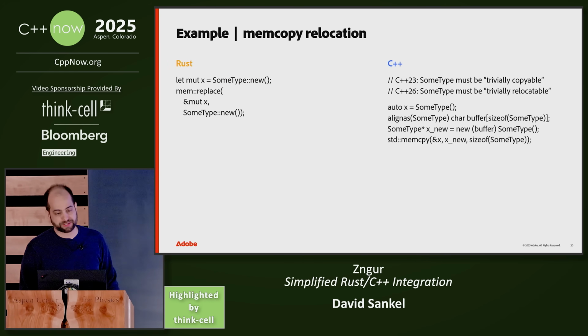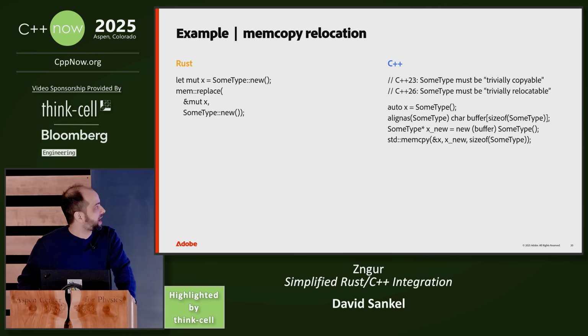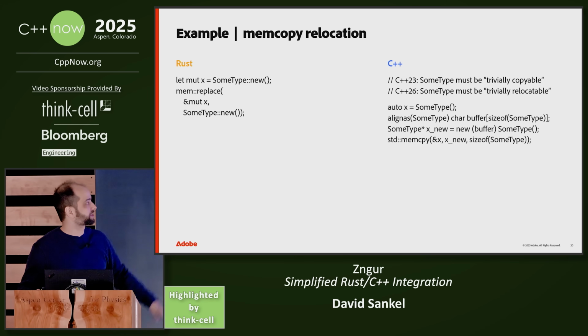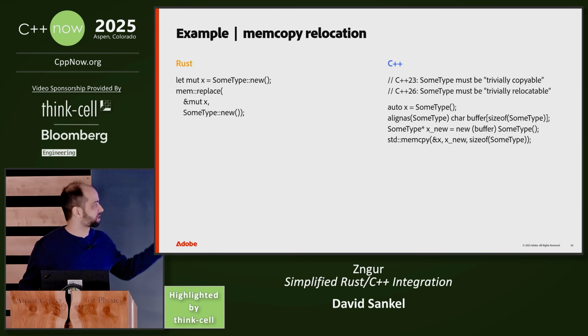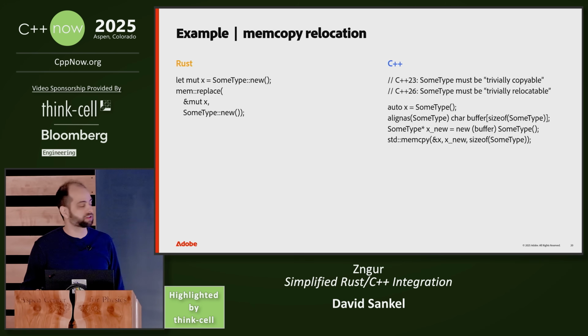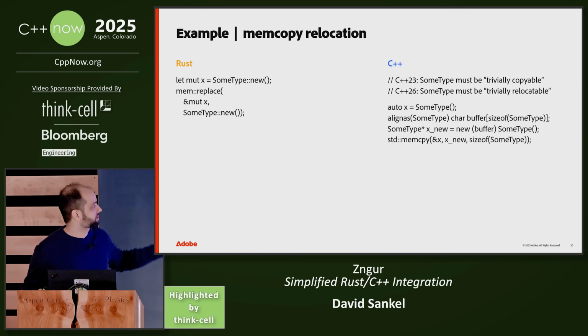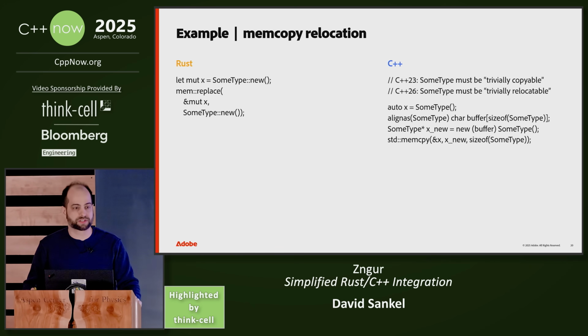Another example is memcpy relocation. On the Rust side, we're creating some type, using Some::new to create a new object of some type. And then we call this mem::replace function, and this is a safe function that you can use. The first argument is a reference to x. The second argument is a new instance of this type.